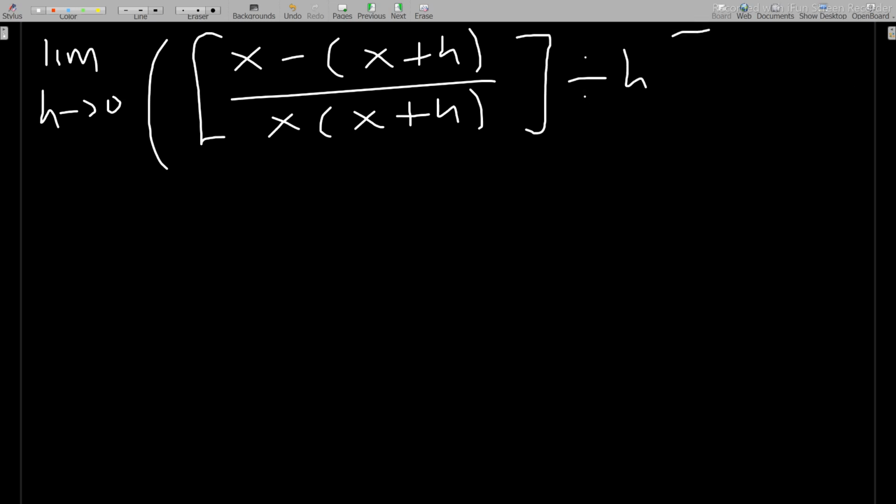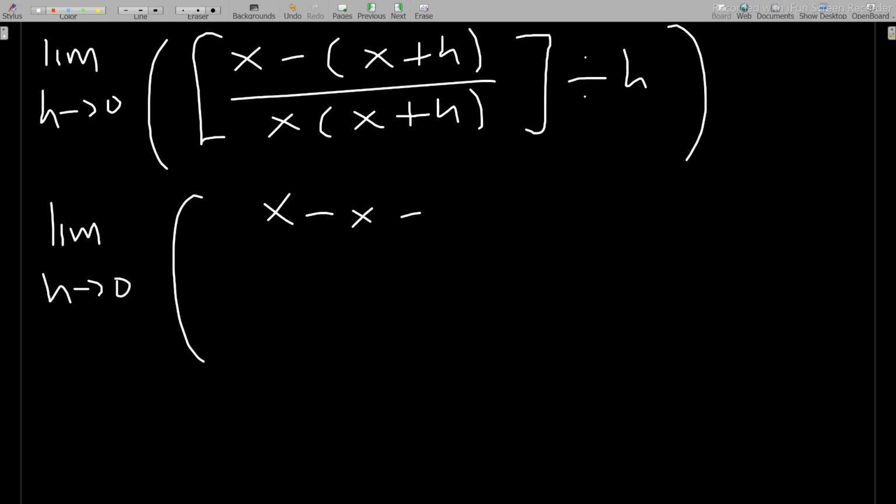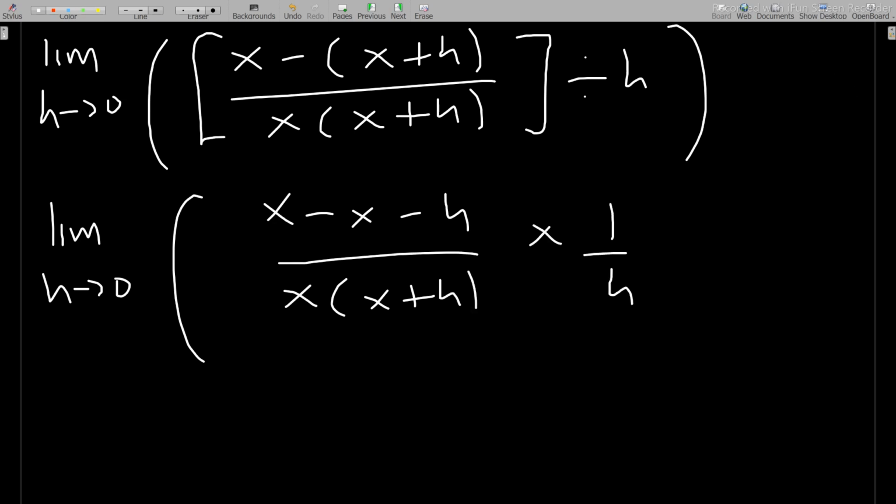If you remember, this is what we had, so it's all of them over h. Okay, so I'm just writing it divided by h, and here will give me limit as h approaches 0 of x minus x plus h, that is minus h, over x into x plus h, times 1 over h.